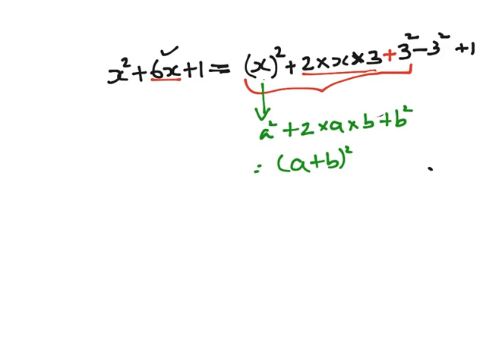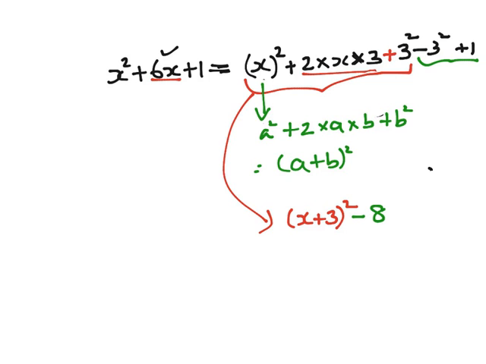So this red part will become (x plus 3) whole square. Now look at this part, minus 3 squared plus 1, which is nothing but minus 9 plus 1, so it will become minus 8.